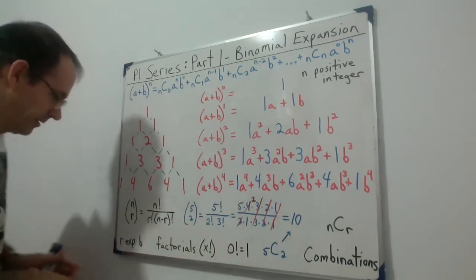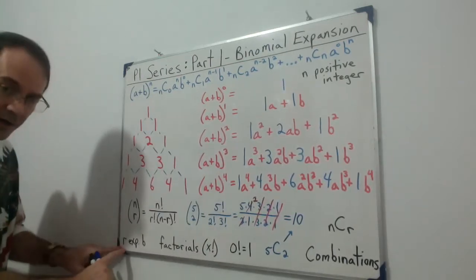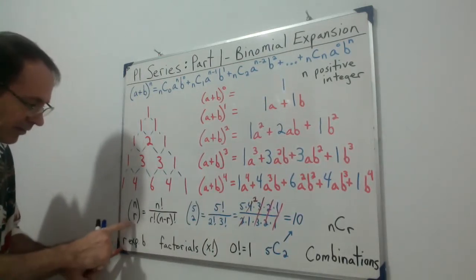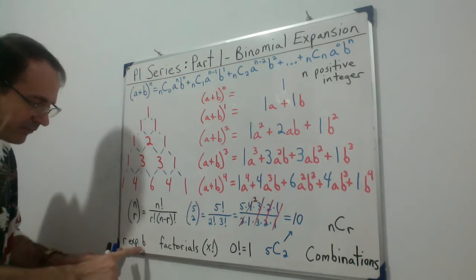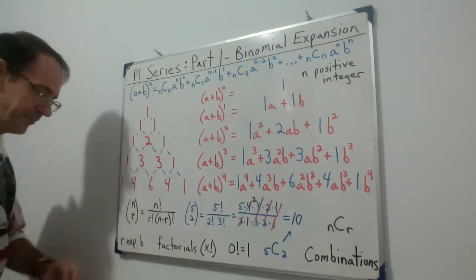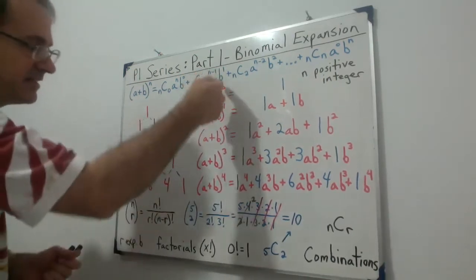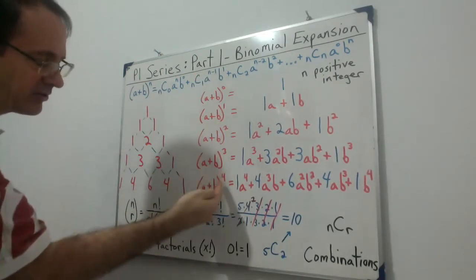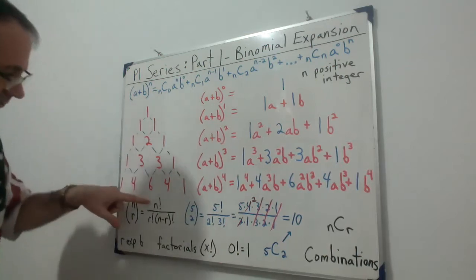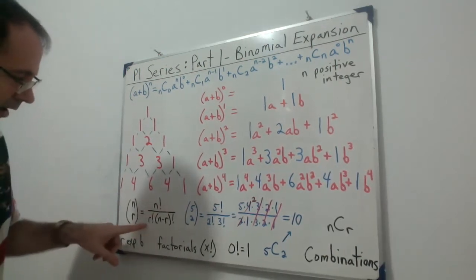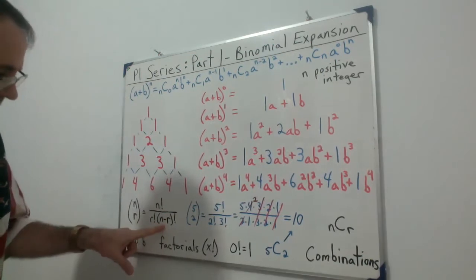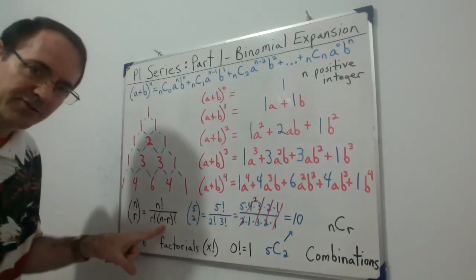So notice down here, to remind you, the R is your exponent from the B term. So whatever n is, it's the number out here, outside the binomial, n factorial divided by r factorial times n minus r factorial.